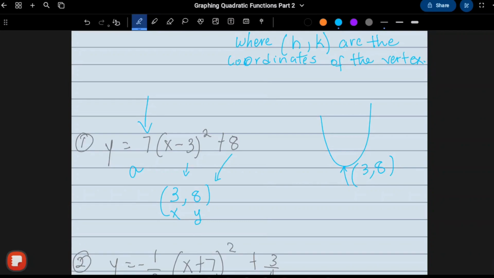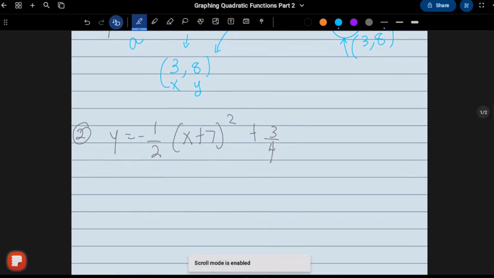Let's look at the next example. We have y equals negative 1 over 2 times (x plus 7) squared plus 3 over 4. So again, we pull these two values out, and that will be our answer. So I'm going to have negative 7, and I'm going to have 3 over 4.